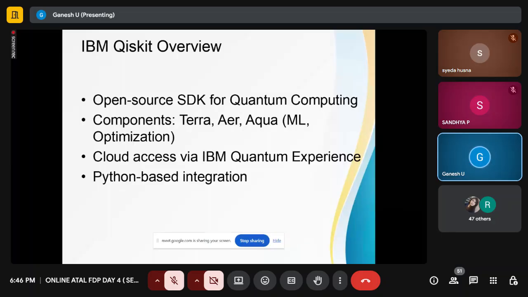Terra, so, circuit creation and optimization. The first component, Terra, handles low-level functions. It takes care of the low-level functions of the quantum circuit. Next, it focuses on circuit building. It provides the core quantum circuit class for assembling quantum circuits using a wide range of quantum gates.